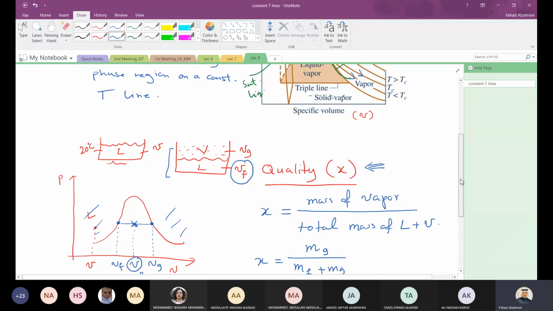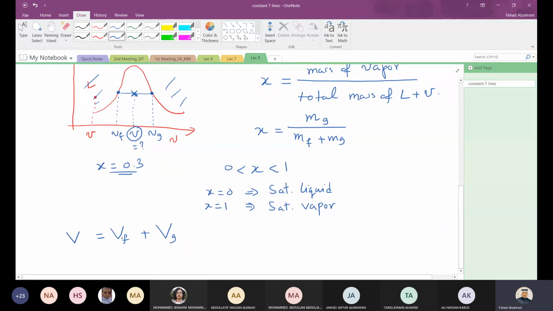So the total volume is the volume of the liquid plus the volume of the vapor. What is the equation between specific volume and volume? Specific volume equals volume divided by the mass, so I can rewrite the volume as mass times the specific volume.